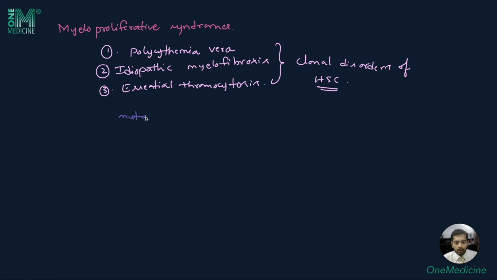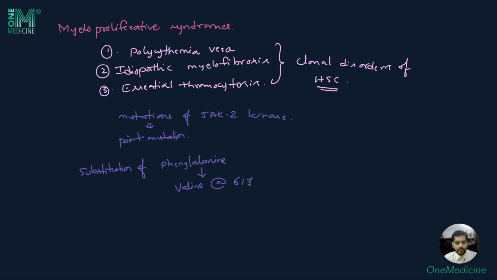associated with mutations of JAK2 kinase, a point mutation with substitution of phenylalanine for valine at the 617th position, and hence it is called V617F JAK2.